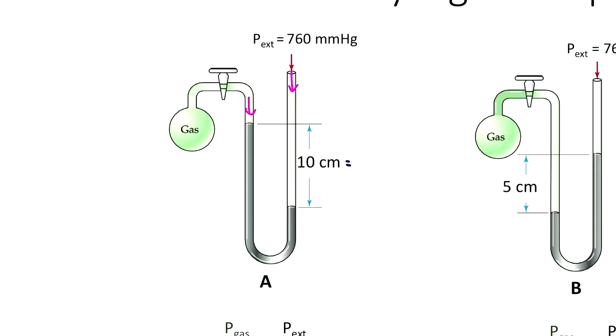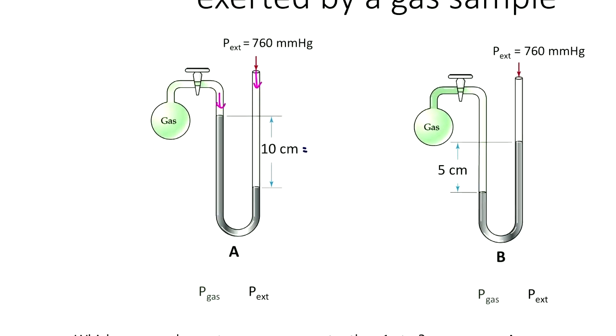So I want you to tell me, based upon this picture, does the gas sample have more or less pressure than the external pressure, 1 atmosphere on the outside? That might be hard to answer, so let me phrase it differently. Who's winning, the gas or the outside? The outside is winning.